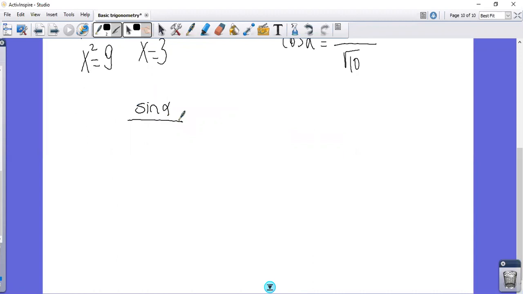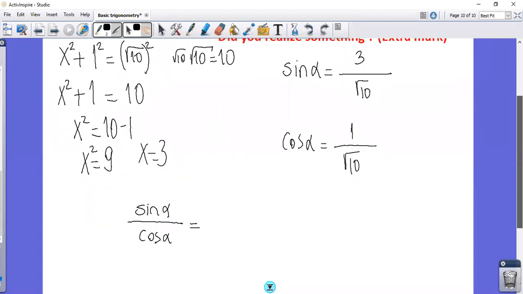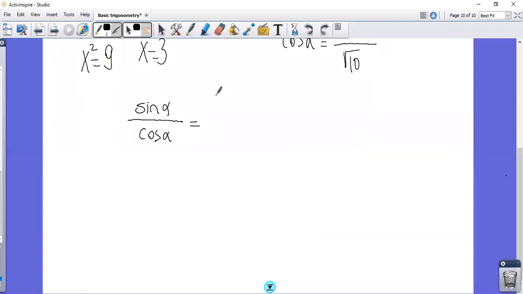Sine of alpha over cosine of alpha is equal to, sine of alpha was 3 over root 10, cosine of alpha was 1 over root 10. So we write the first fraction, 3 over root 10, times, we take the reciprocal of the second fraction, root 10 over 1.